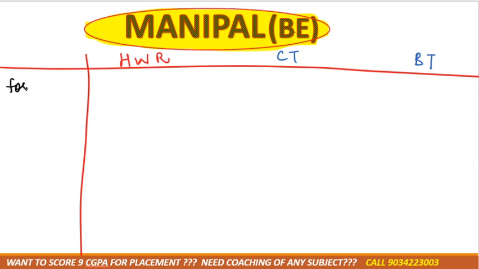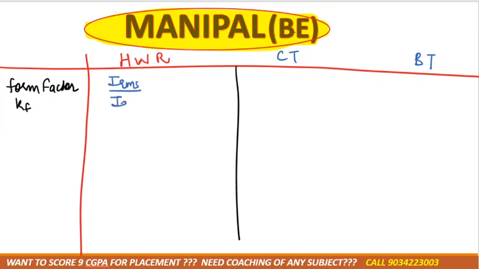Form factor. You have studied it in BT. Form factor is denoted by KF, right? For the half wave rectifier or for the full wave rectifier, the form factor formula is the same. For the half wave rectifier, it is IRMS divided by I average, or we can say VRMS divided by V average. Now you know the formula. IRMS is how much?